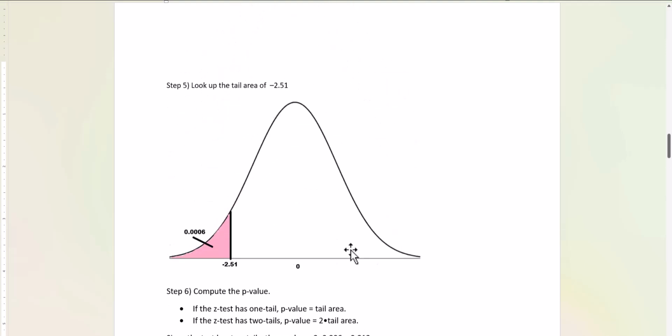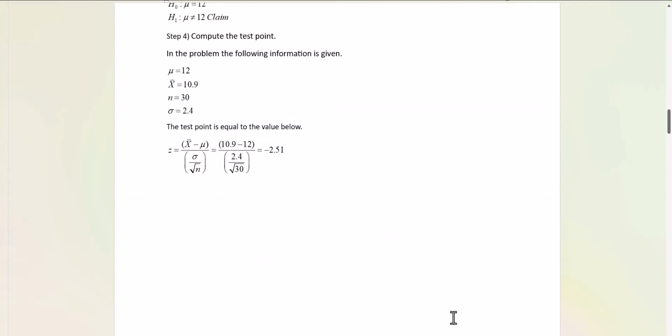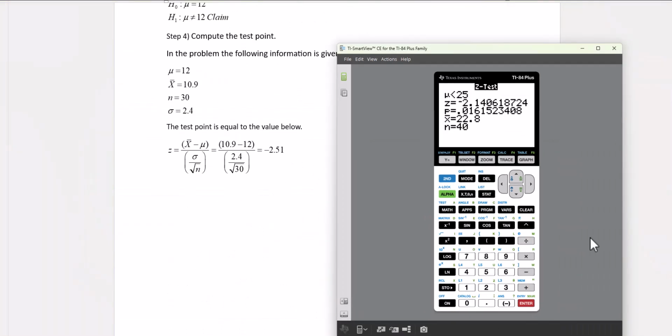Now, an alternate way of calculating the p-value is when you have a graphing calculator. Once again, you can use your built-in z-test function. Go to test, select the z-test, and you enter your information.